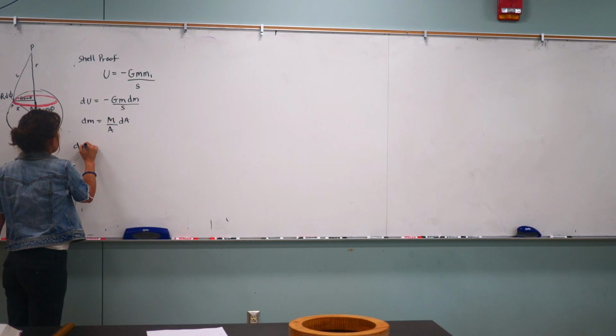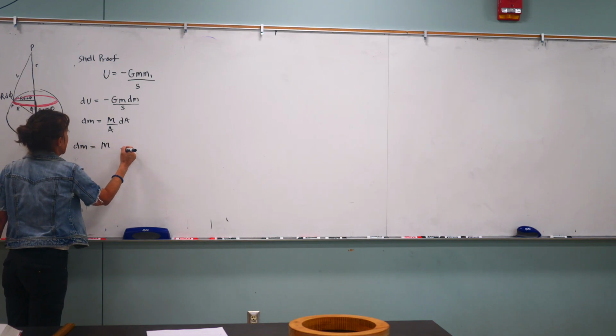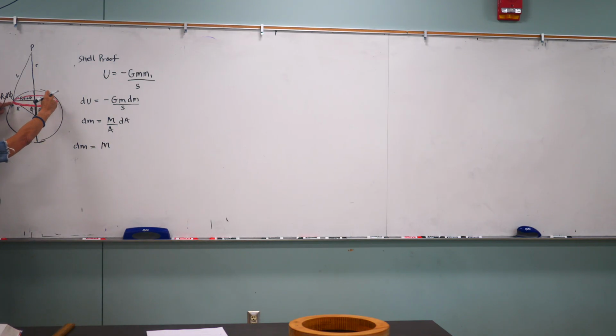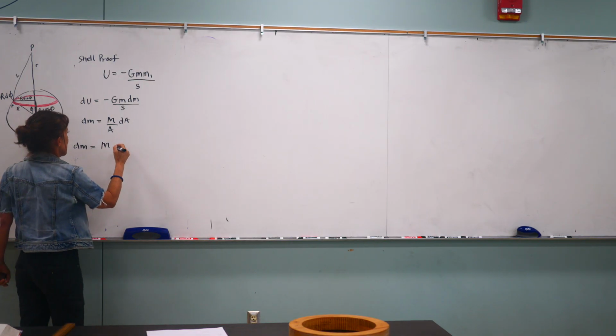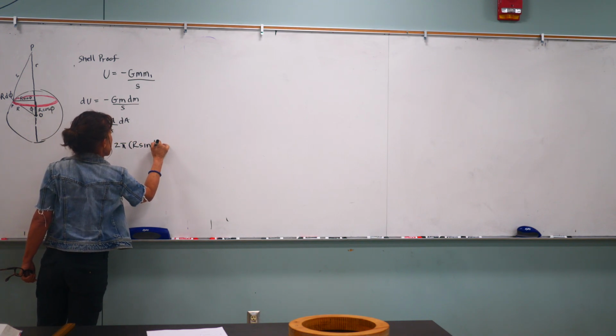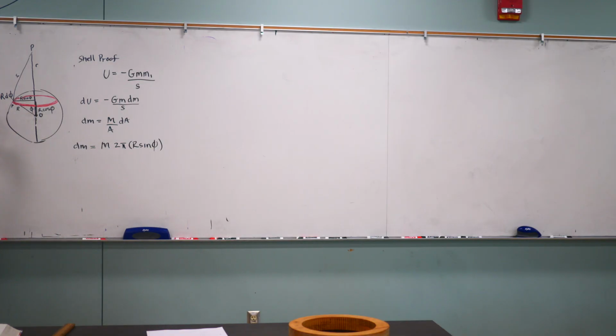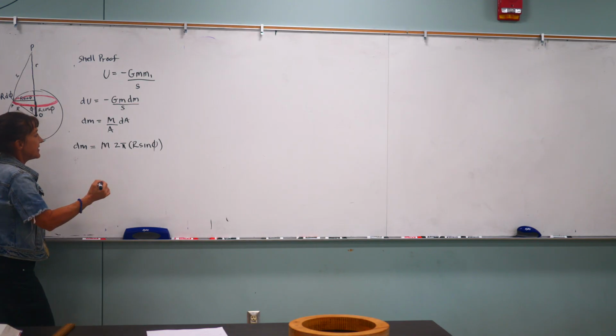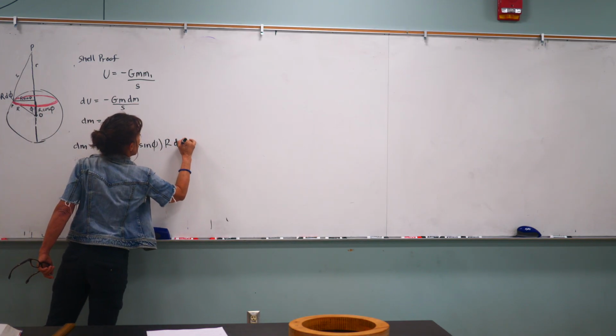All right, dm is going to be equal to mass, and then our ring is going to be 2 pi r times the thickness, right? This big R is the radius of the sphere. So if I make my ring here, r is going to be R sine phi. So this is going to be 2 pi R sine phi, and then the thickness is simply the arc length, which we learned was R times the change in angle, R d phi.